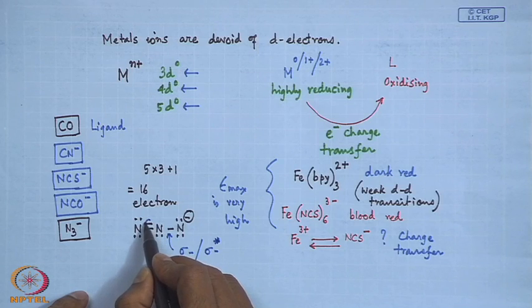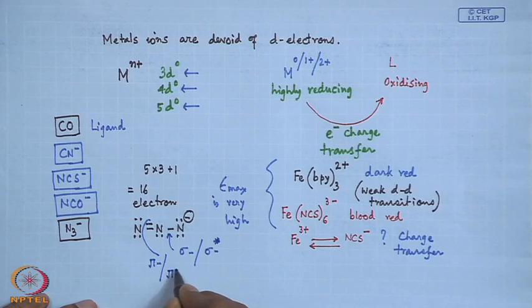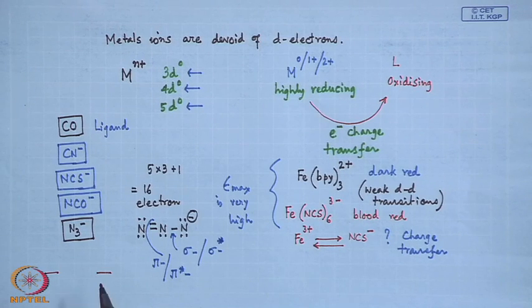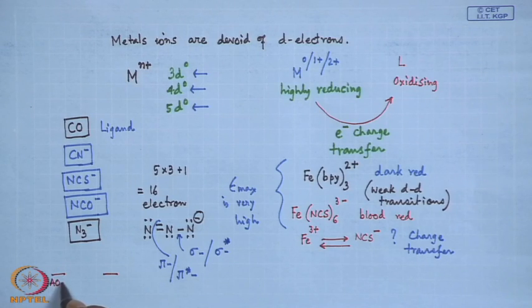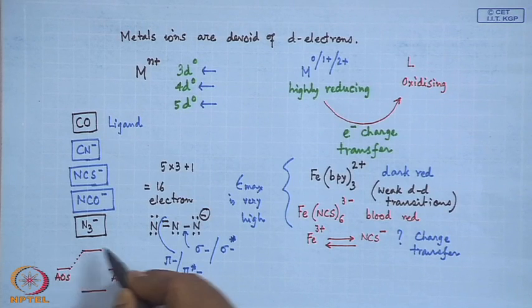Similarly, on the other side, we have the pi level as well as the pi star level. Once a bonding level is formed, immediately we can have the corresponding anti-bonding level, as we can see in the molecular orbital picture, when two atomic orbitals form molecular orbitals.